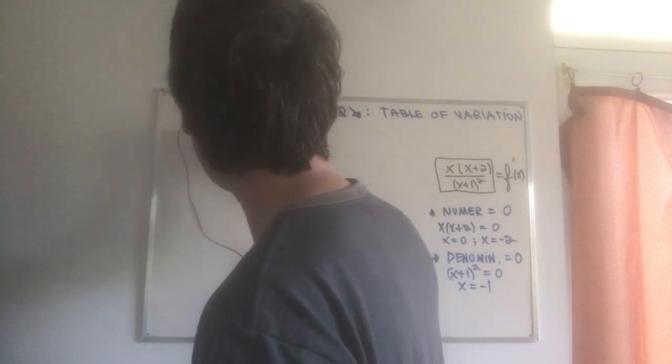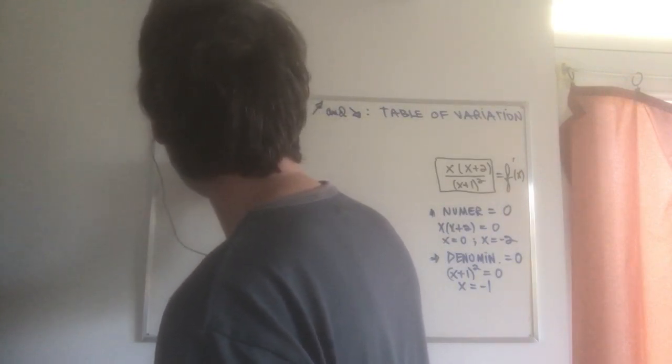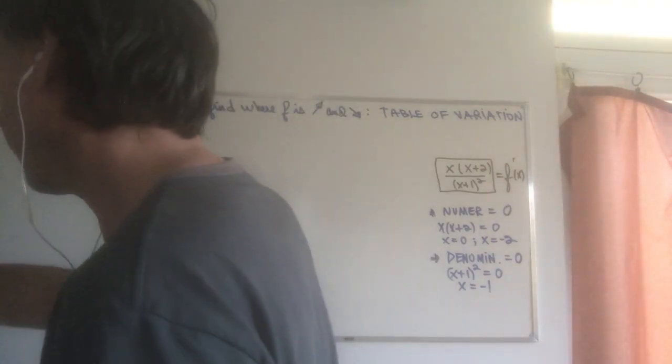What is a table of variation? It's a table like we did the other day. All right, that green is dead.